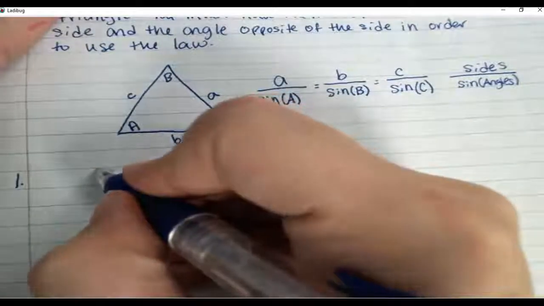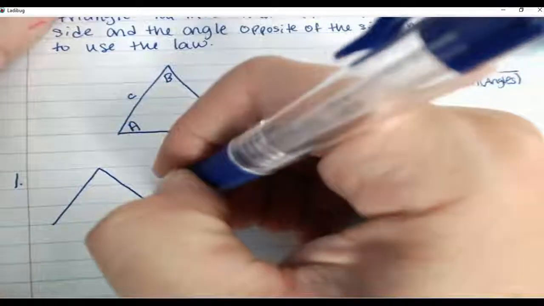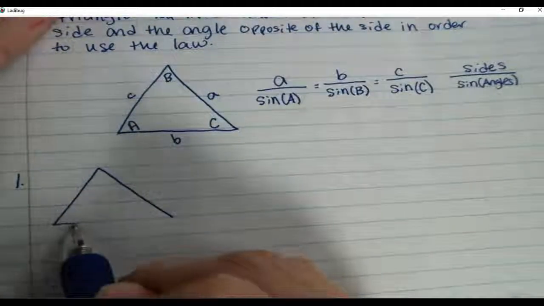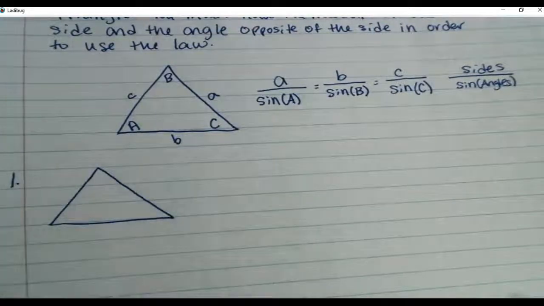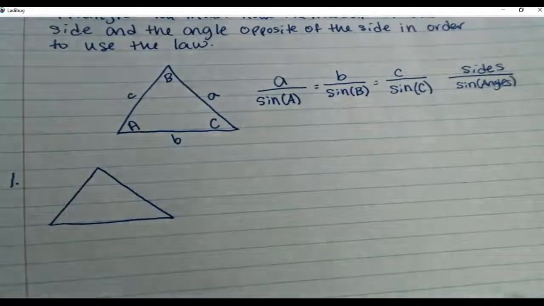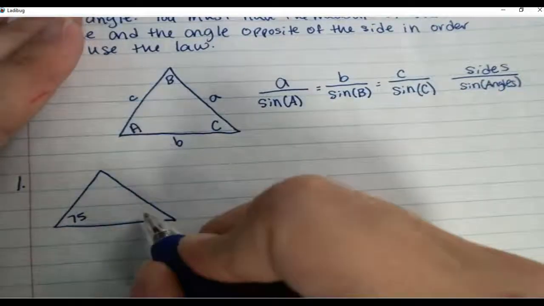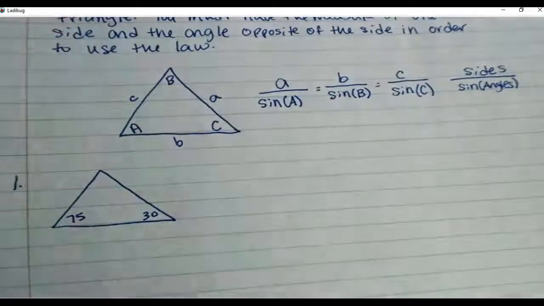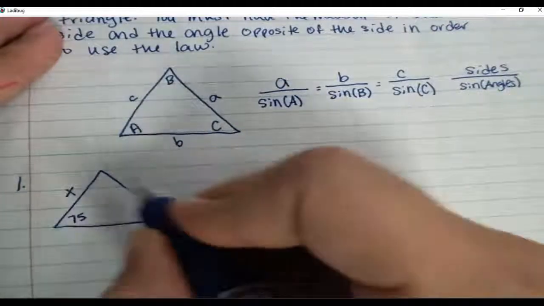Let's say we have this triangle, and the bottom two angles are 75 and 30, and our opposite sides are X and 15.